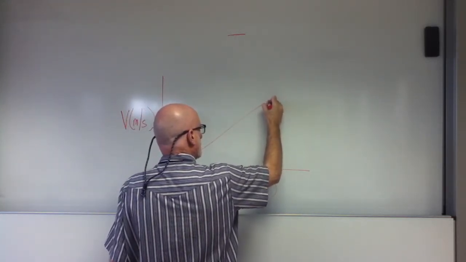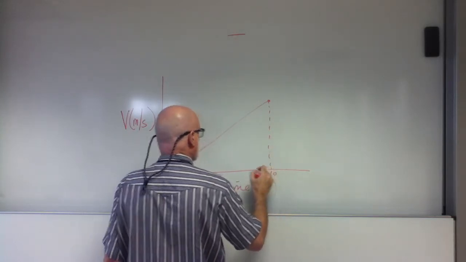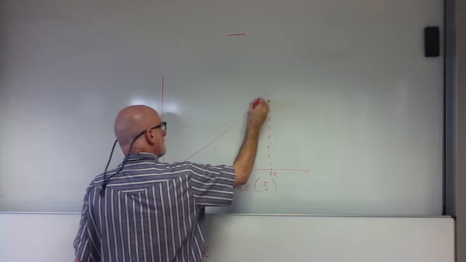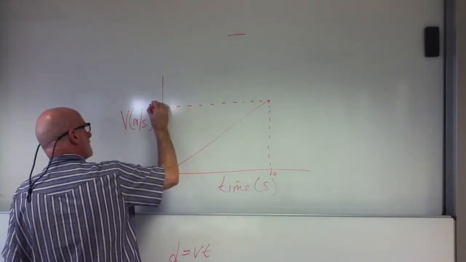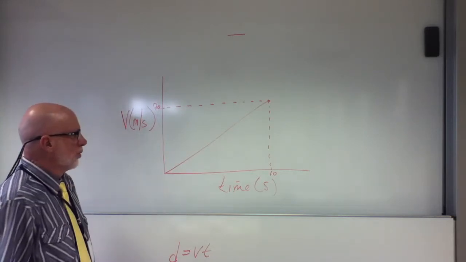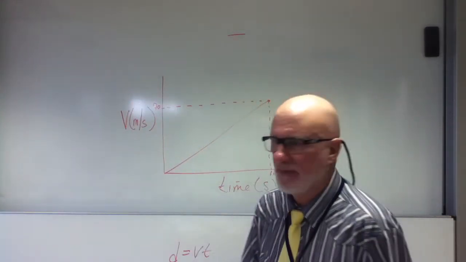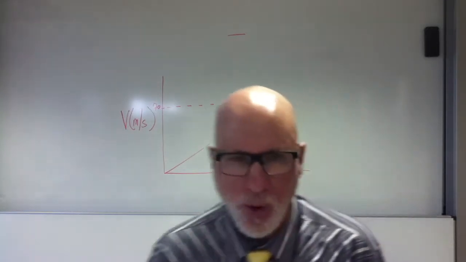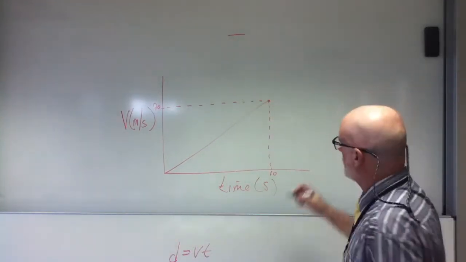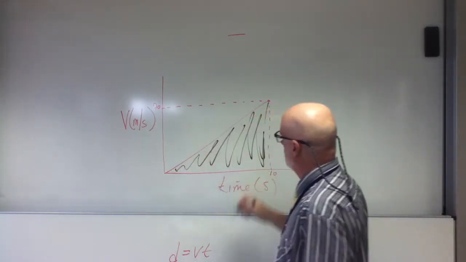This is going to be 10. This is going to be 70. Right? What is the total distance traveled? In other words, what's the area under the entire curve? What is it?